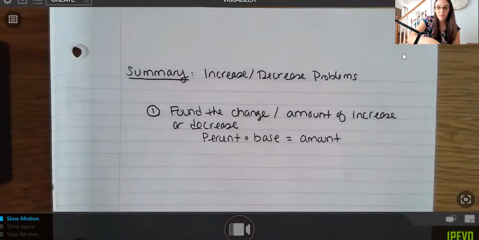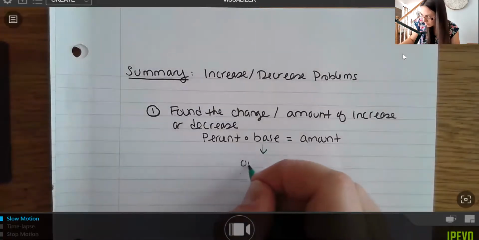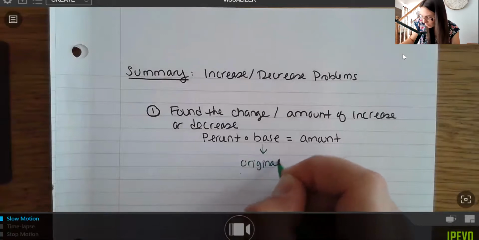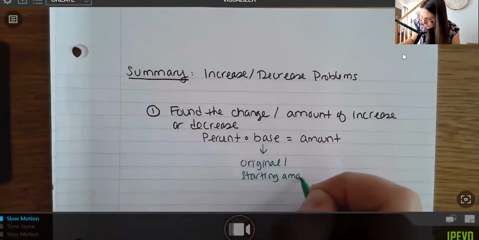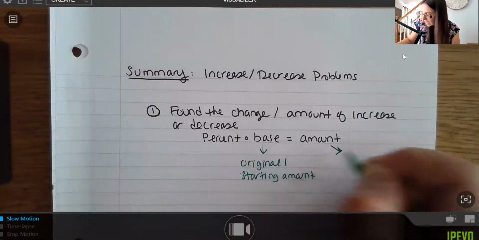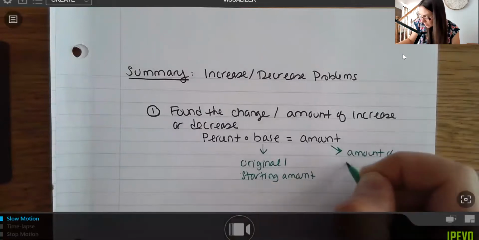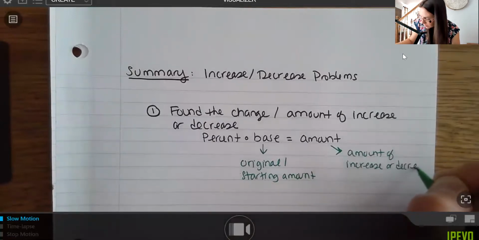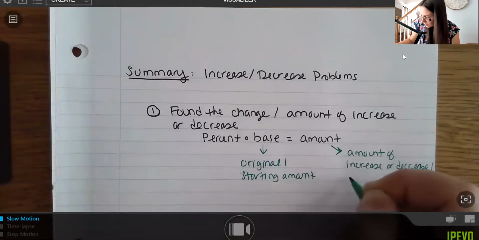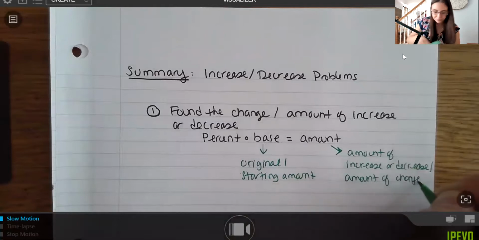And specifically for this style problem, your base is really your original or your starting amount. And then the amount here actually represents the amount of increase or decrease, or you can think of it as the amount of change.